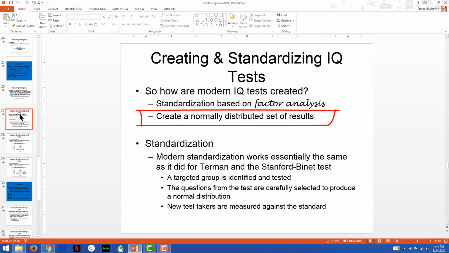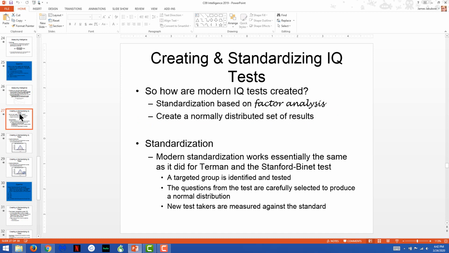You lose some of the actual way the data look in intelligence testing, and you force things to become a normal distribution. So there's a trade-off, and those aspects tend to be fairly complicated issues, but these two primary factors, the use of factor analysis and the creation of a normally distributed set of data, are always the basic underlying components for developing an IQ test.